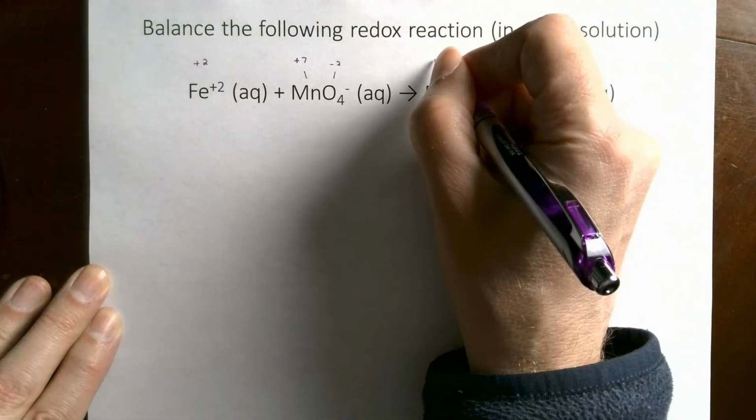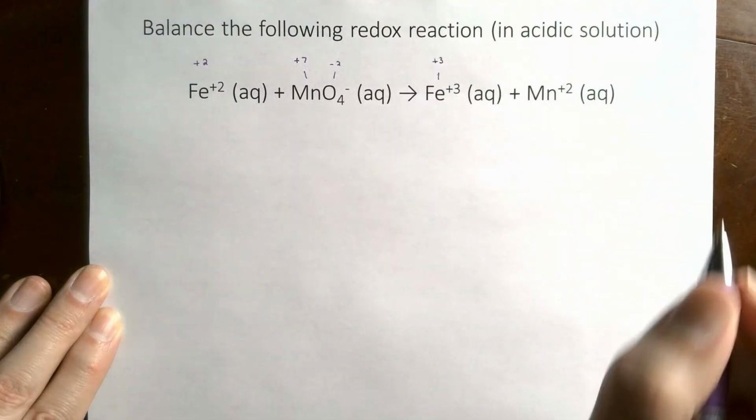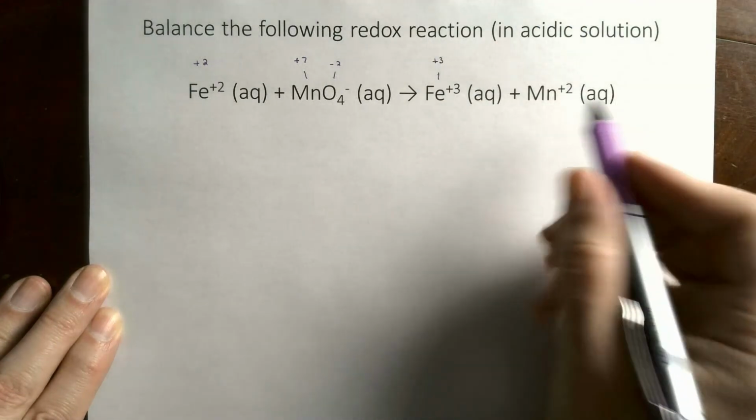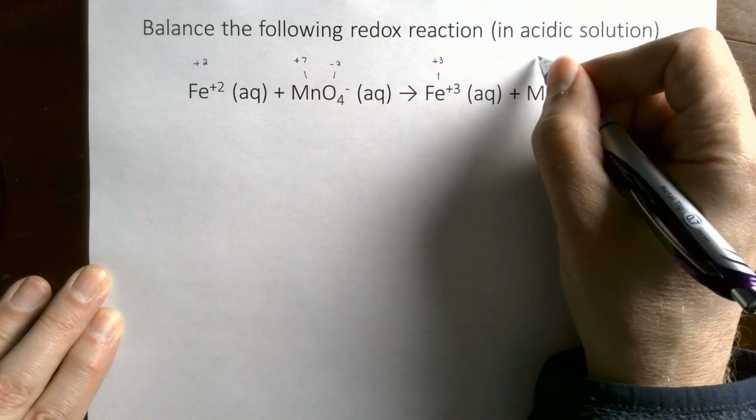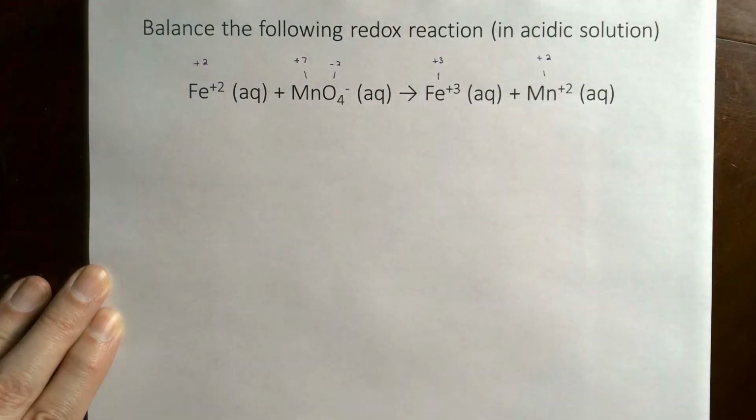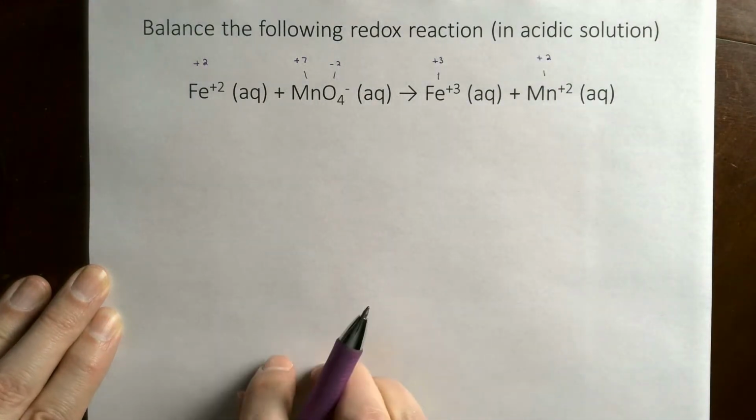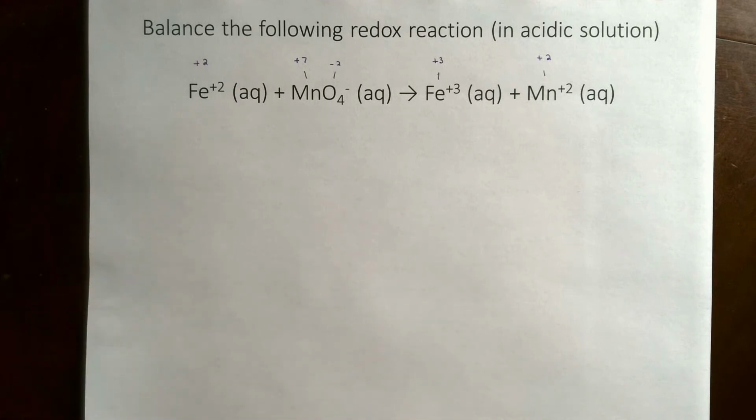Iron here is going to be a plus 3. Monatomic ions are great. Manganese plus 2 is going to be a plus 2. And now at this point, you really don't need to pick out what's oxidized and what's reduced. We're going to do that as we work through the problem.